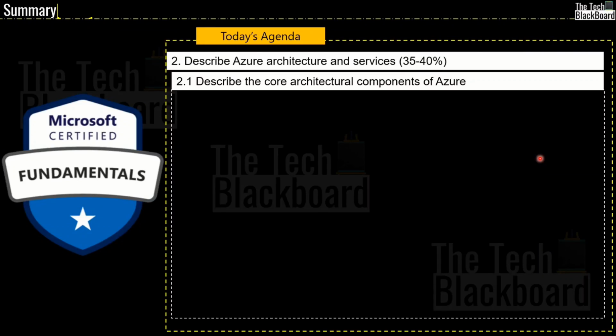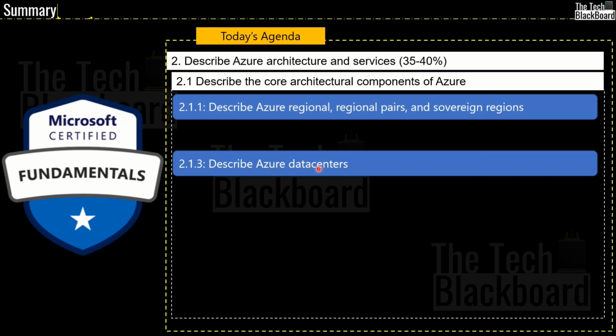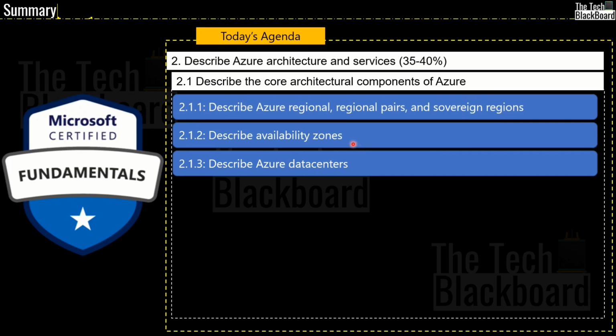So that was all for today. We learned a lot of important concepts today. Let's summarize. Today, we understood the very core of Azure architecture and services. We started with understanding Azure data centers. Then I explained Azure Region, Azure Region Pairs, and Azure Sovereign Regions. And finally, my friends, we covered the Azure availability zones.